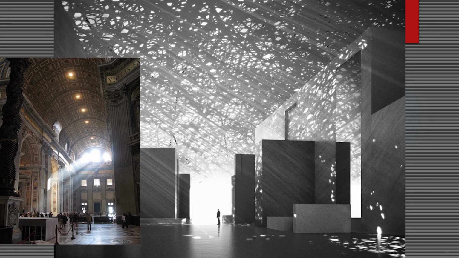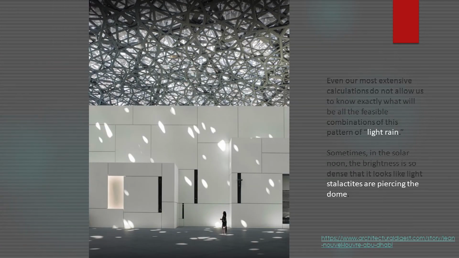That's a photo that I took in St. Paul's in Rome. That just shows how light falls into a space as well. And then how the light falls into this area, you also call it a pattern of light rain. So it's another element that brings something into a space that you wouldn't have experienced otherwise.